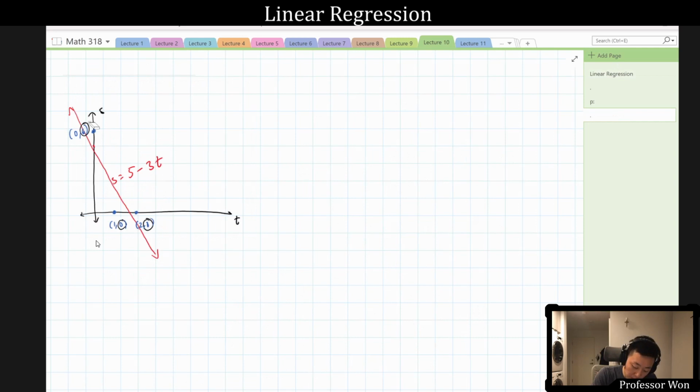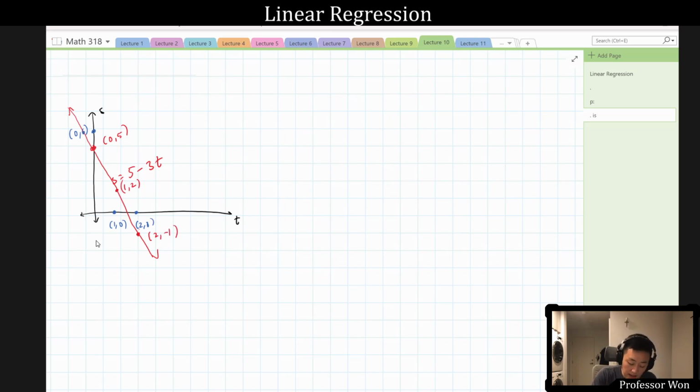Right, and the point is that the blue points are our original points. And this line goes to the points (0, 5), (1, 2), (2, negative 1).